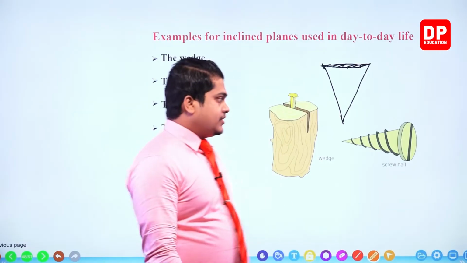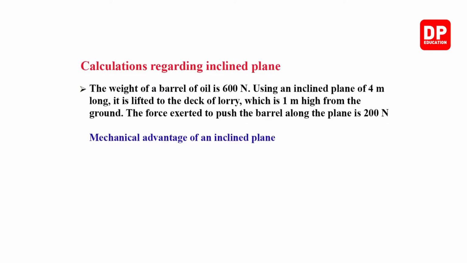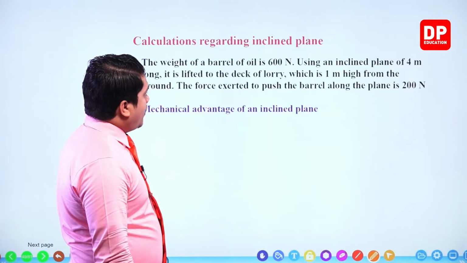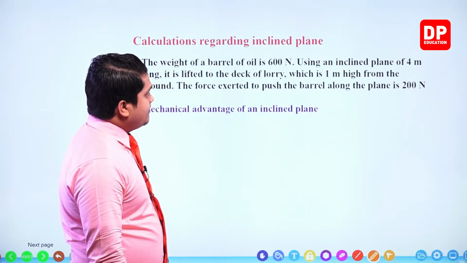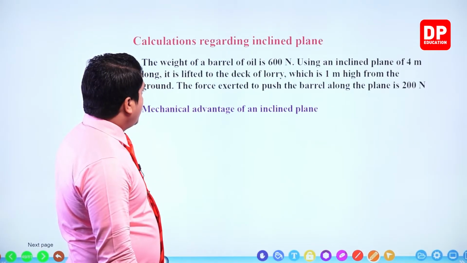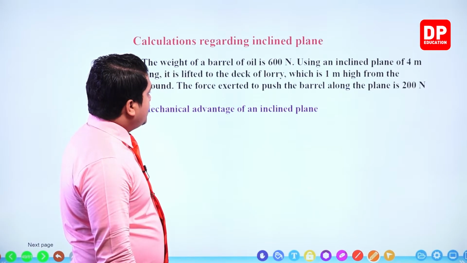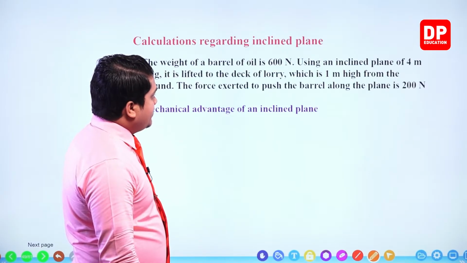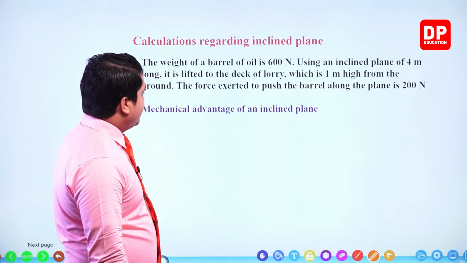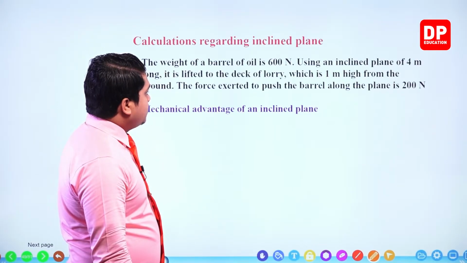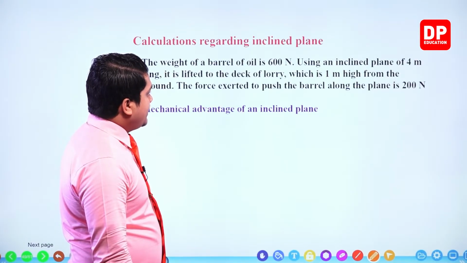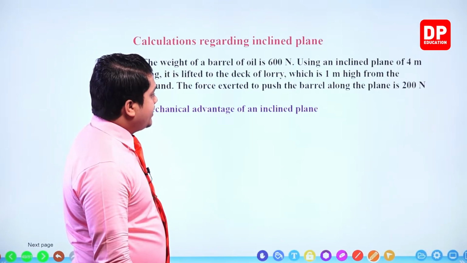Okay. You are given a question here. The weight of a barrel of oil is 600 Newton. Using an inclined plane 4 meters long, it is lifted to the deck of a lorry which is 1 meter high from the ground. The force exerted to push the barrel along the plane is 200 Newton.